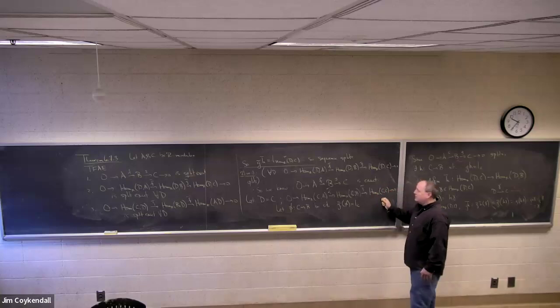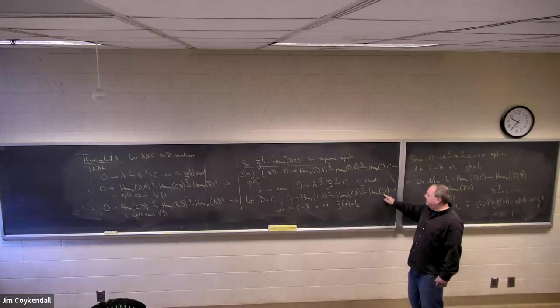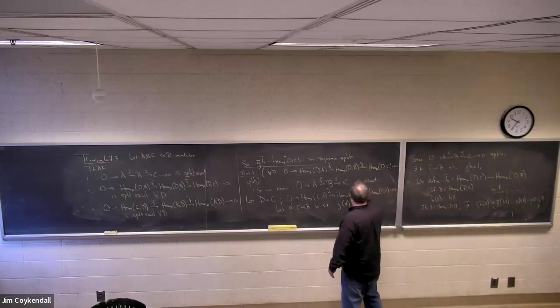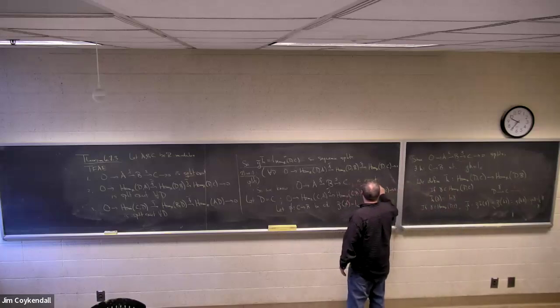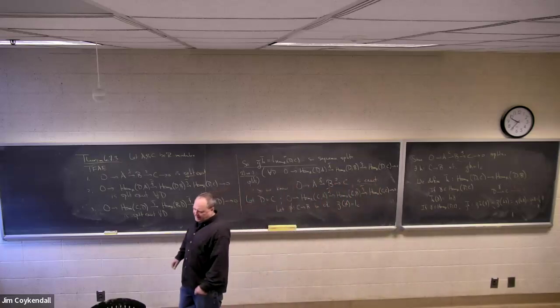I know that this is exact, and in particular, this is onto. And I know over here somewhere is the identity function on C, correct? So there has to be some phi here that goes to the identity function on C, and I will find that animal.